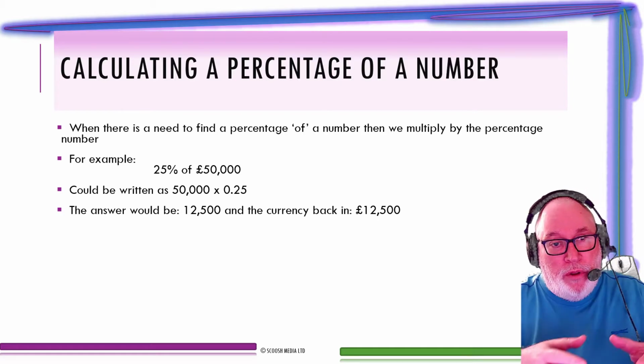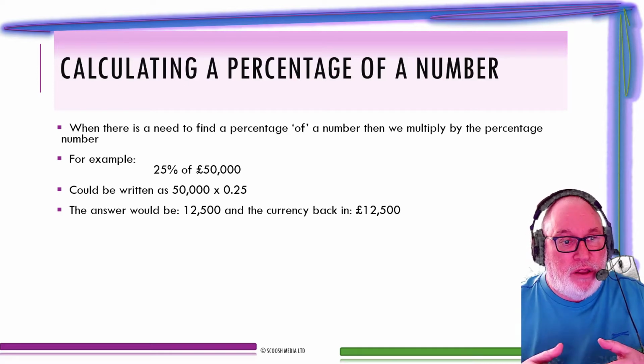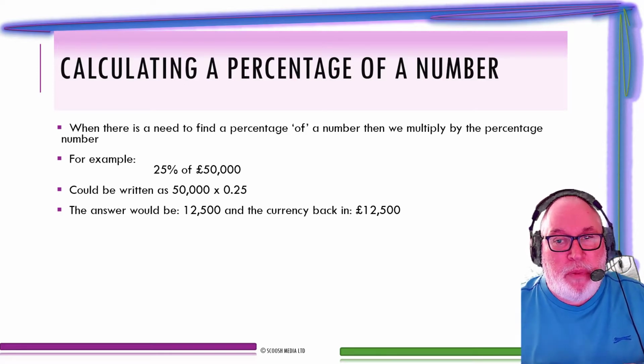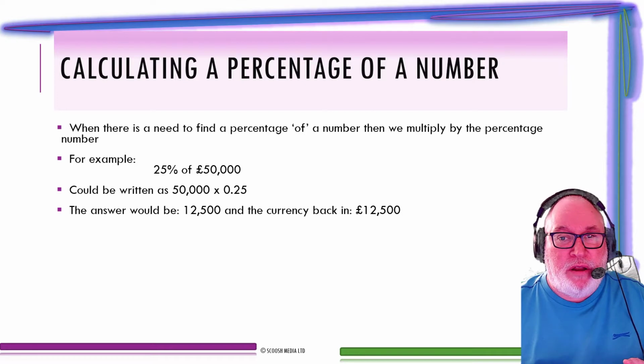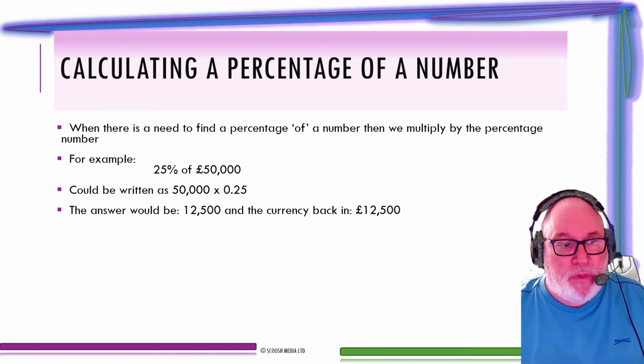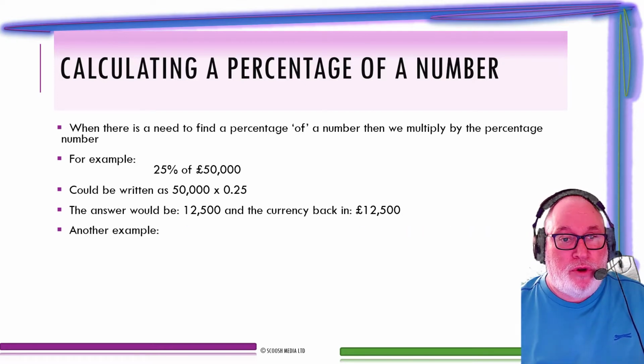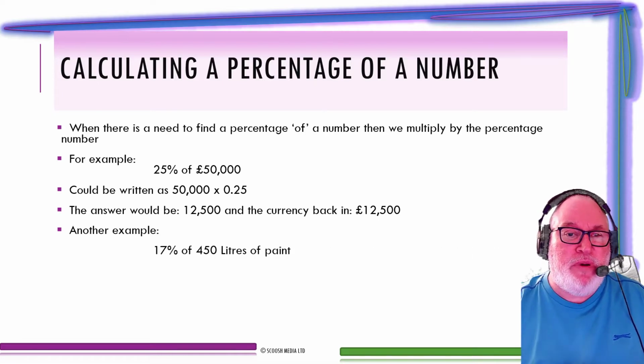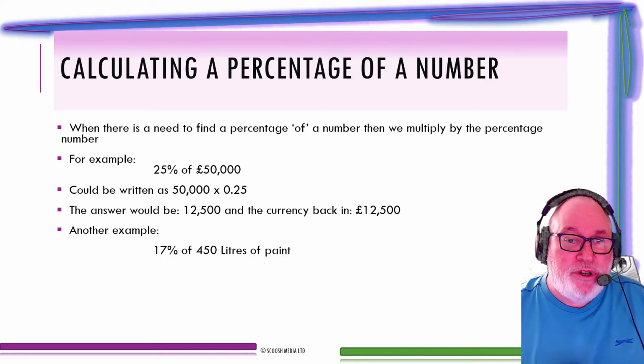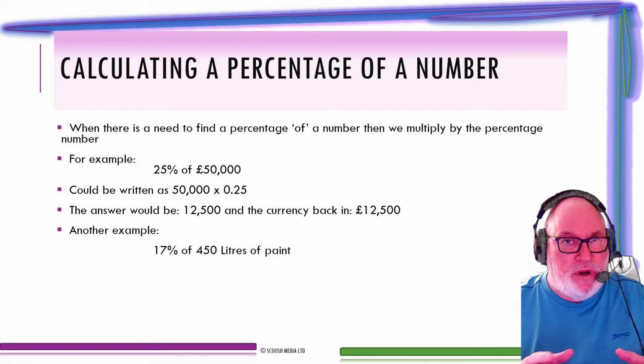Then we put the units, the currency, the measurement that we're using, back in. In this particular instance, it's pounds, but it could be euros or dollars. Let's have another example. 17% of 450 litres of paint. Just like I said, it doesn't matter what it is.